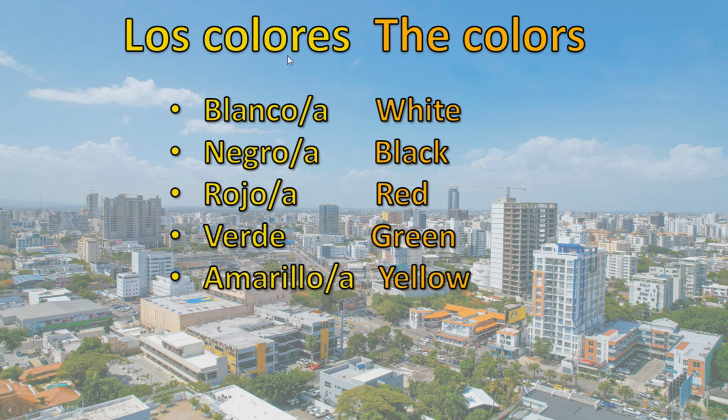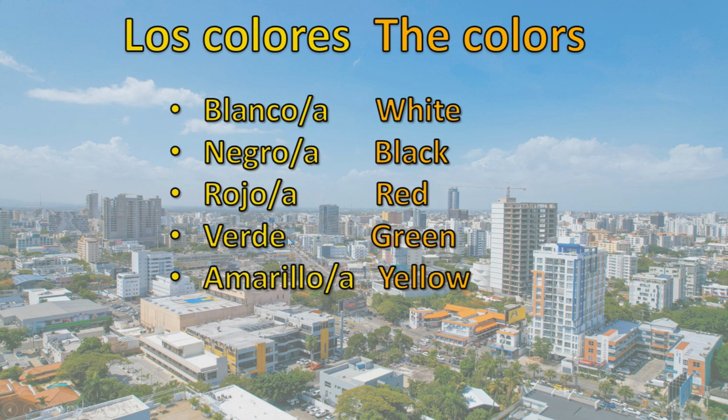That's why I put here a slash a, okay? Because it can change to the feminine if it is necessary. So I say the colors blanco, or in the case it's feminine, blanca, okay? Here we have the color negro, black, or if I have to use it with a feminine noun, I say negra, okay? Rojo, red, or roja.